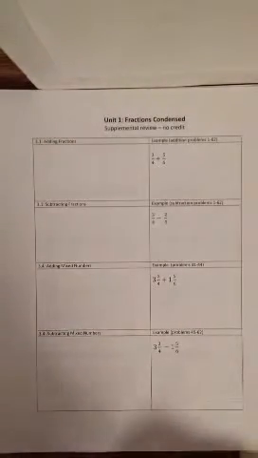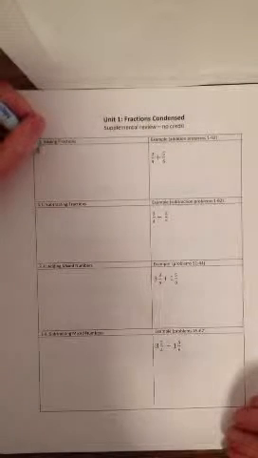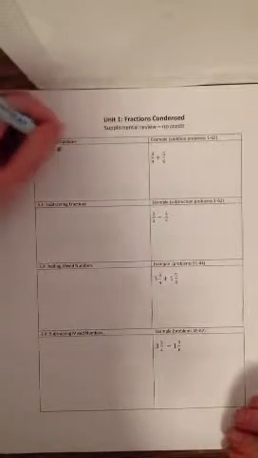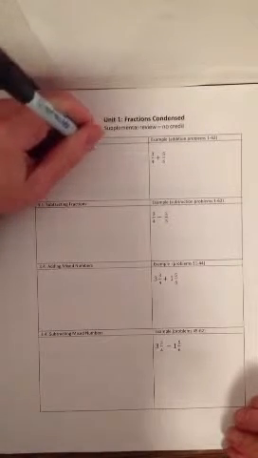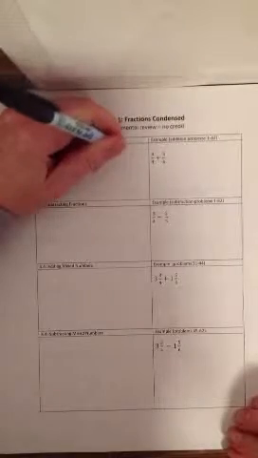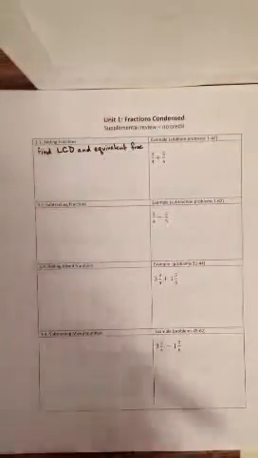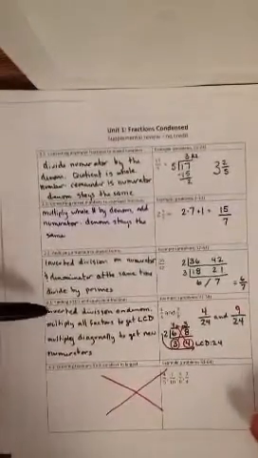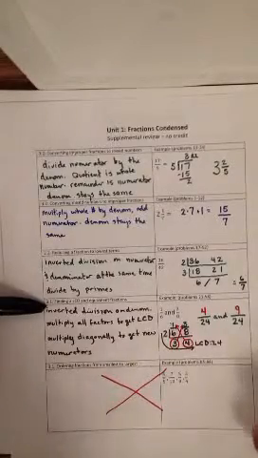So for adding fractions, we need to find a lowest common denominator and equivalent fractions. And if you remember back to the previous video, finding a lowest common denominator and equivalent fractions was covered in section 3.1.